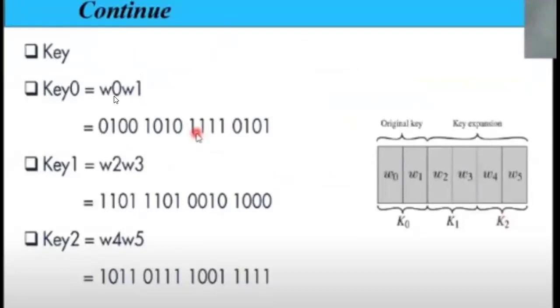The first key will be W0 concatenated with W1. The second key will be W2 concatenated with W3. And the next key will be W4 concatenated with W5. And here we are ready with 3 keys of 16 bits each. That will finish our key generation algorithm, and then we will be starting with the next, the encryption algorithm.